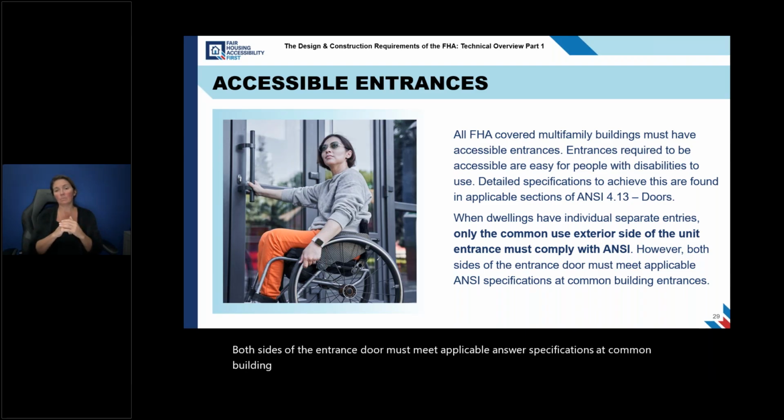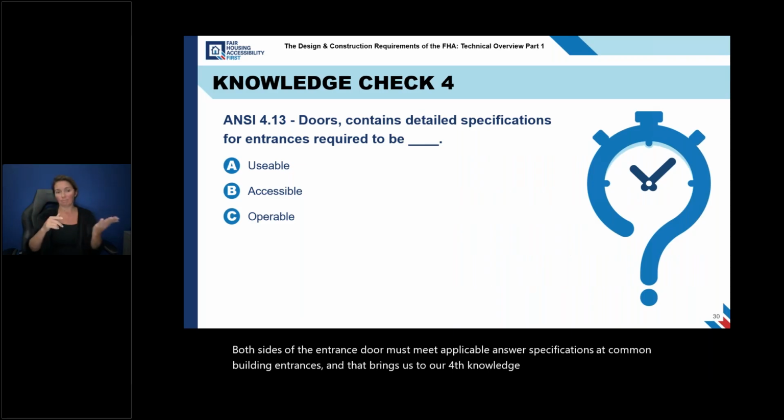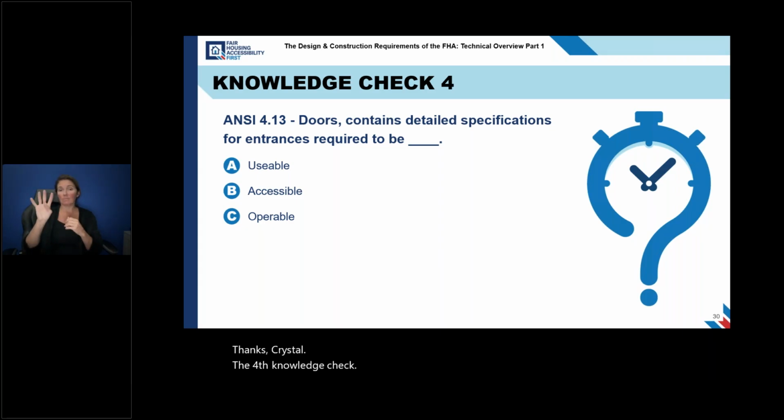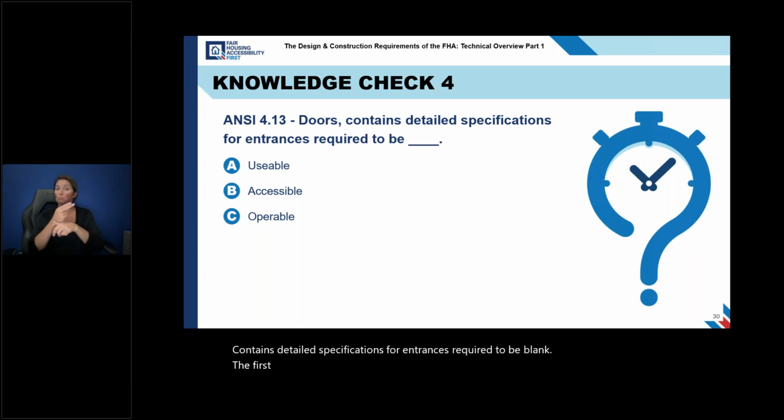And that brings us to our fourth knowledge check. Michael. Thanks, Crystal. The fourth knowledge check: ANSI 4.13 doors contains detailed specifications for entrances required to be blank. The first option, usable. The second option, accessible.